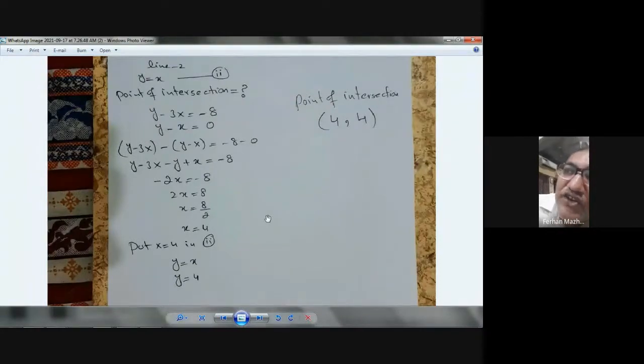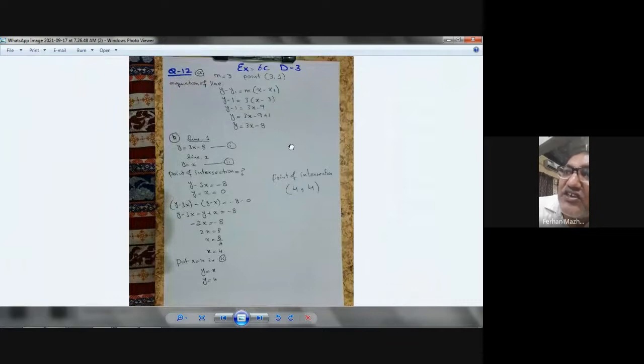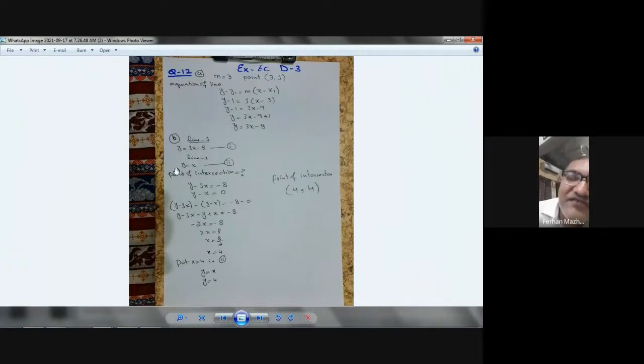So the point of intersection is x equals 4, y equals 4. Now I know the point of intersection of the line y equals 3x minus 8 and the line y equals x. This is how you find the point of intersection of two lines whose equations are given: you solve both equations simultaneously and you get the point of intersection.